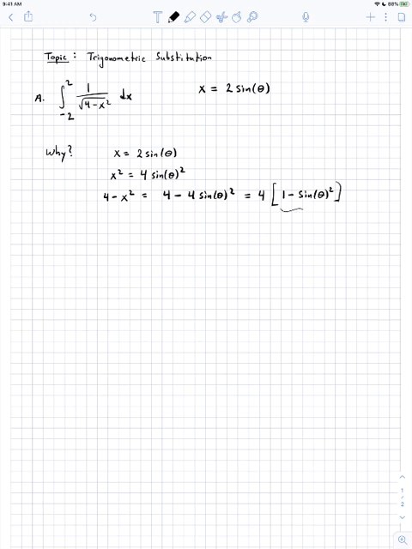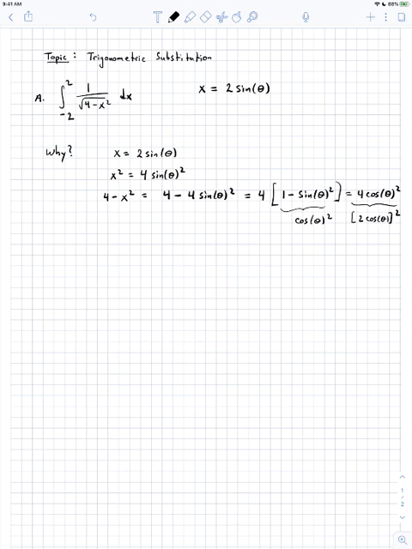By the Pythagorean identity, that is cosine theta squared. And so now you have that 4 minus x squared, which is underneath your radical, is actually equal to 4 times cosine of theta squared. And that's a perfect square, because that's 2 times cosine of theta quantity squared.